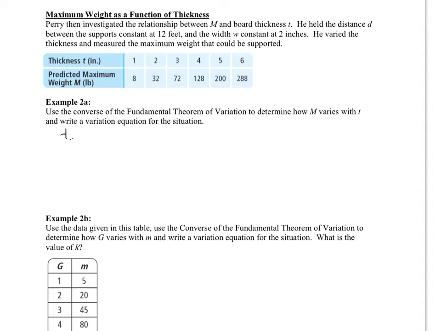We're going to select T1 and M1 and T2 and M2 from the table, such that T2 is double the value of T1. So T2 should be double T1.